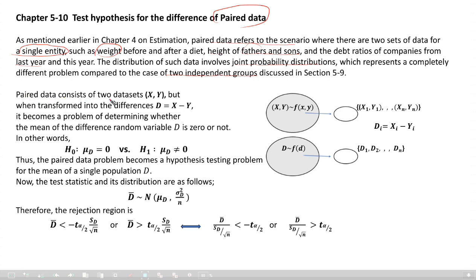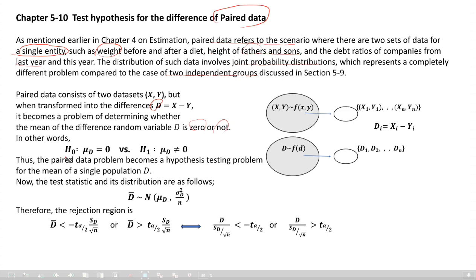Paired data consists of two datasets x, y, but when transformed into differences d equal to x minus y, this is a difference random variable. It becomes a problem of determining whether the mean of difference d is 0 or not. There is no difference, or there is a difference.